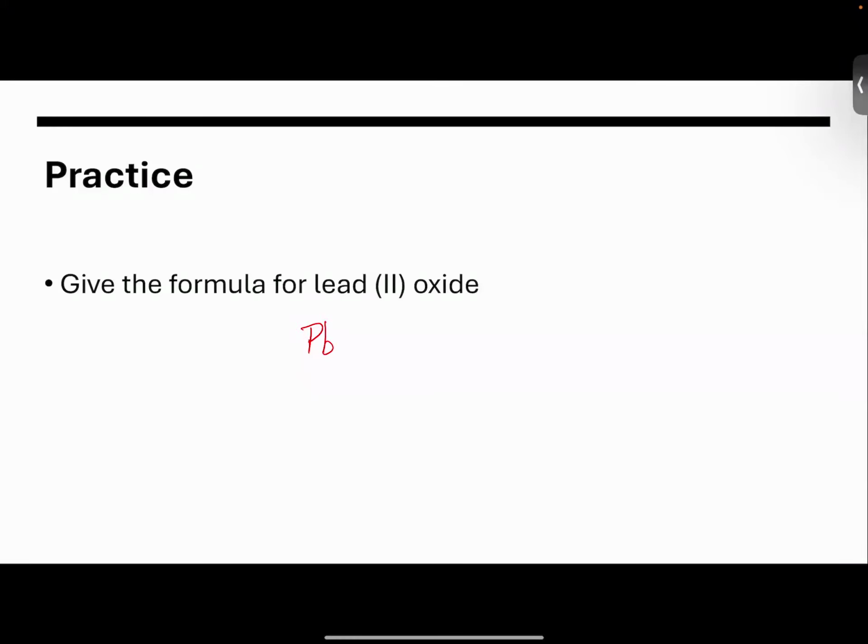Because Pb is not one of the ones you were told to memorize, it means that it can have more than one charge, and that's why that charge is given to you as a Roman numeral in parentheses. So it's Pb2 plus. The ending IDE stands for an anion of an element. Oxygen's in group 16. Therefore, it has a -2 charge. We cross, drop, we get Pb2O2, but we must simplify. So it's PbO.